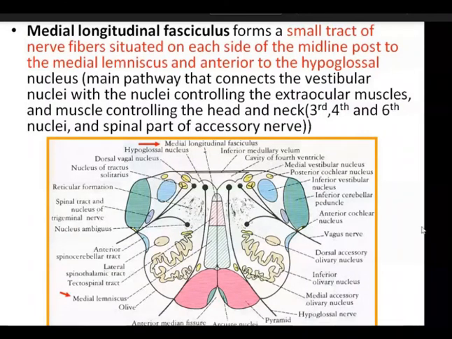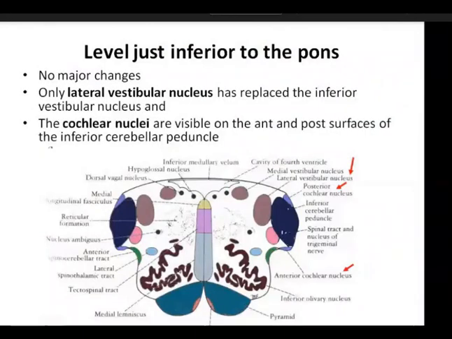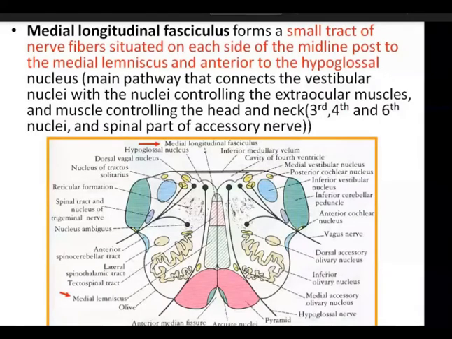That is the main pathway that connects the vestibular nuclei with the nuclei controlling the extraocular muscles and the muscles of the head and neck region: the 3rd, 4th and 6th nuclei and the spinal part of the accessory. So head and neck movement along with eye movement is controlled by the medial longitudinal fasciculus, a small tract of fibers situated in the middle. These are the structures present at the level of the olive.